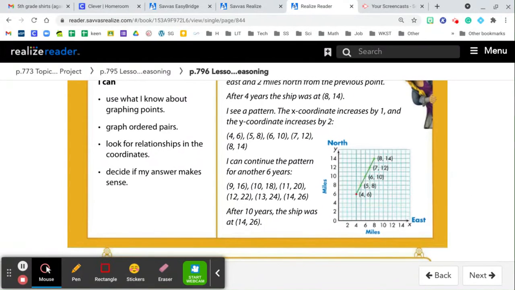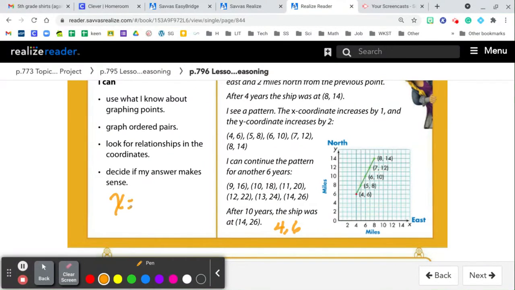So after 10 years, another way you can figure this out mathematically, if at 1 year it's at 4, 6, if the rule for x is x plus 1 for every subsequent year, and the rule for y is y plus 2, we can multiply.